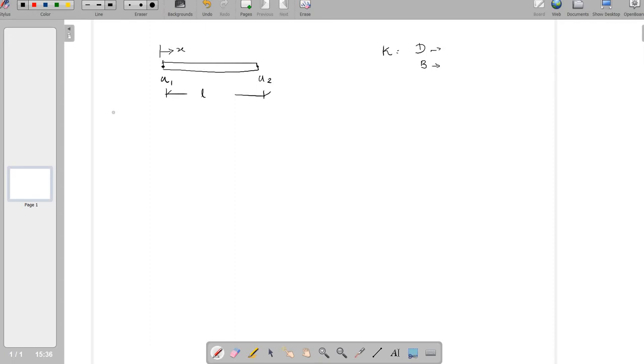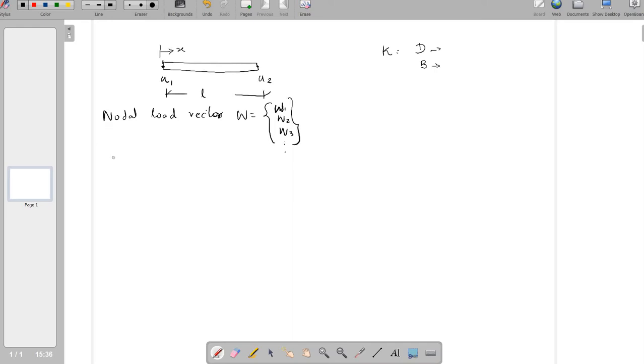So for that, first consider the nodal load vector. The nodal load vector, capital W matrix is W1, W2, W3 and so on.